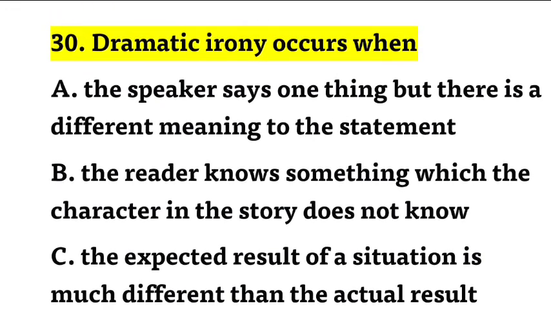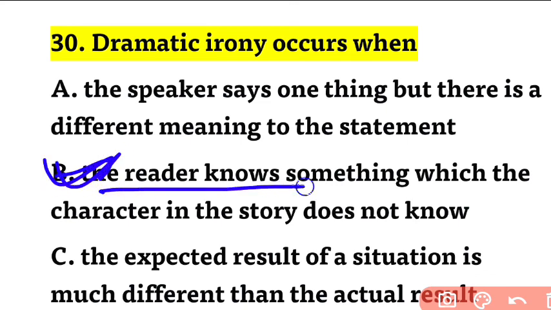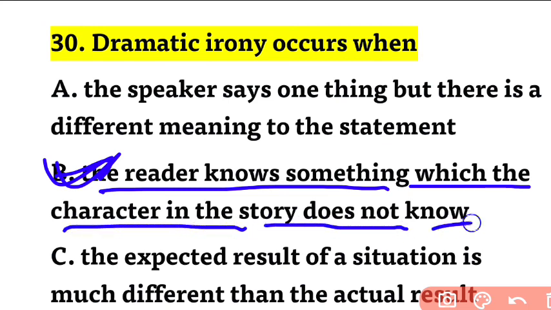What will be the answer? The answer will be option B. Dramatic irony occurs when the reader knows something which the character in the story does not know.